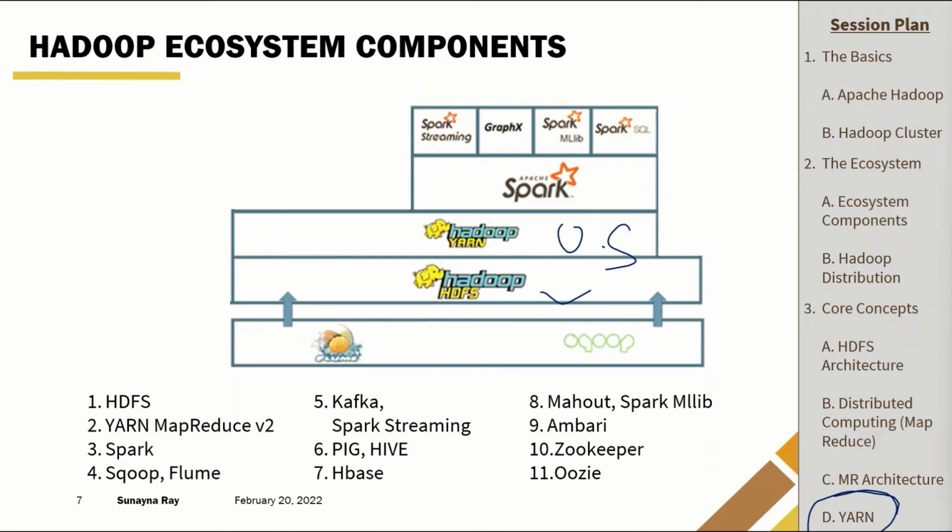Next, we have something called Sqoop. If you see the name, it is SQL plus Hadoop. So this enables the data exchange between RDBMS systems, that is relational database systems, the systems where we have been using tables, into Hadoop systems.